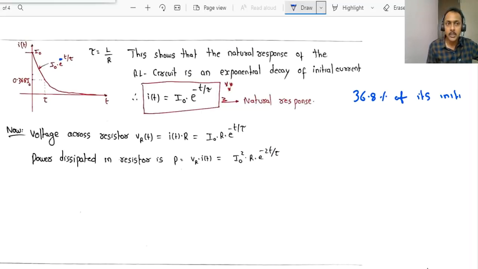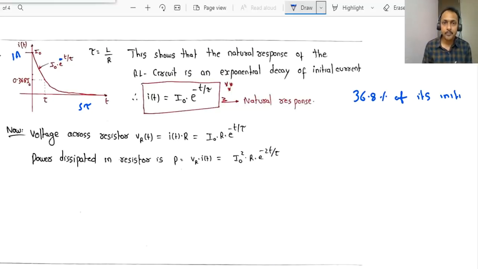If initially there is 1 ampere of current through the inductor, then within a time period of tau, it will come down to 0.368 amps. Like that we have to understand. Now it slowly reaches 0, and this is also possible within 5 tau time period. Maximum, it reaches the steady state.